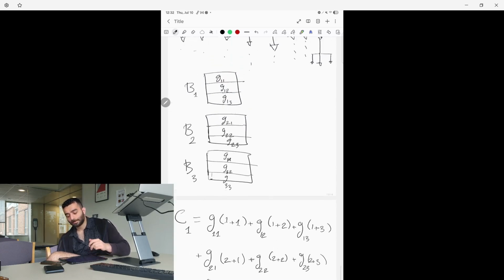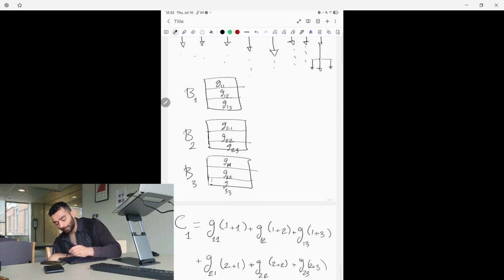And C2 is, for example, what is C2? For C2 I have this. I'm going to pull back all the B1 items, right?